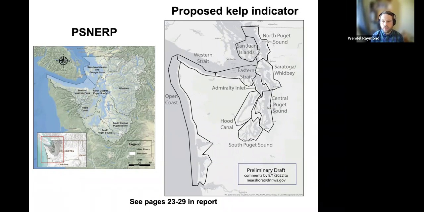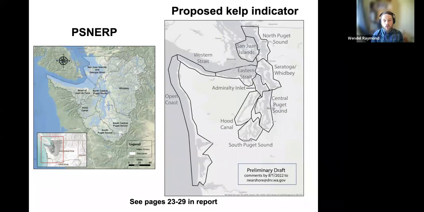So for example, we split the Strait of Juan de Fuca subbasin into an eastern and western strait to acknowledge the well-described environmental gradient as you go east to west, west to east in the Strait of Juan de Fuca. The rockfish recovery plan and the kelp conservation and recovery plan also only go as far as Eastern Strait, so we wanted to expand that.